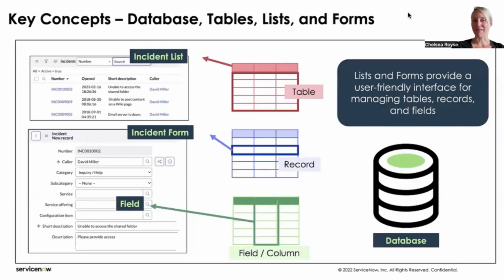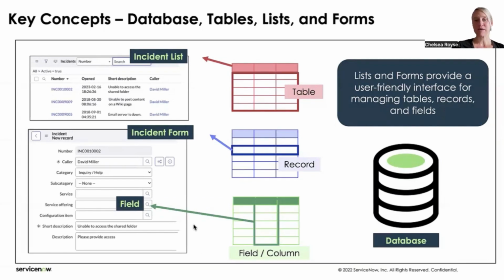So here's a great graphic showing what ServiceNow looks like with databases. Here is an example of a list where there are multiple records listed. Those are records when they're individual, and this is in a table format. Here you can see one row is a record, and an up and down column is known as a field.